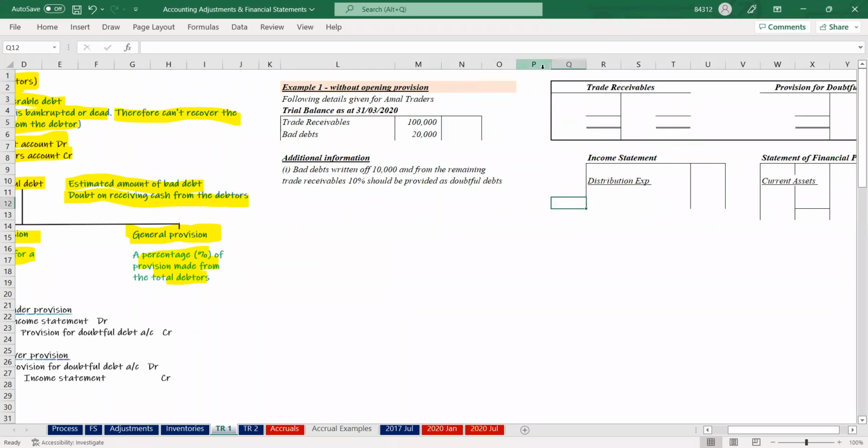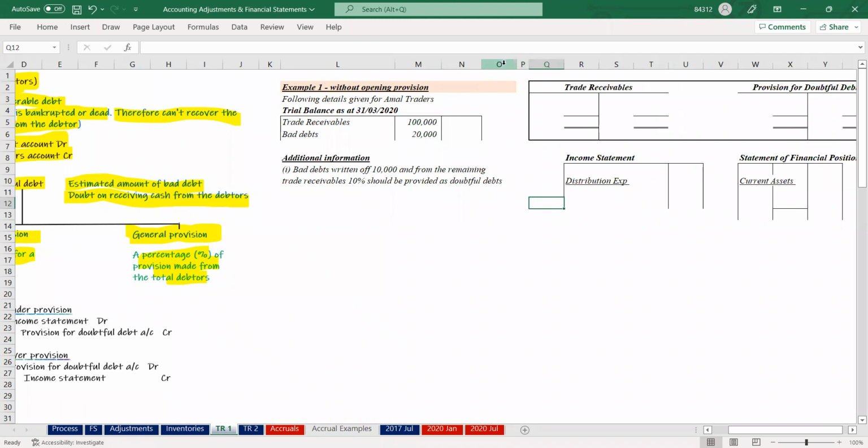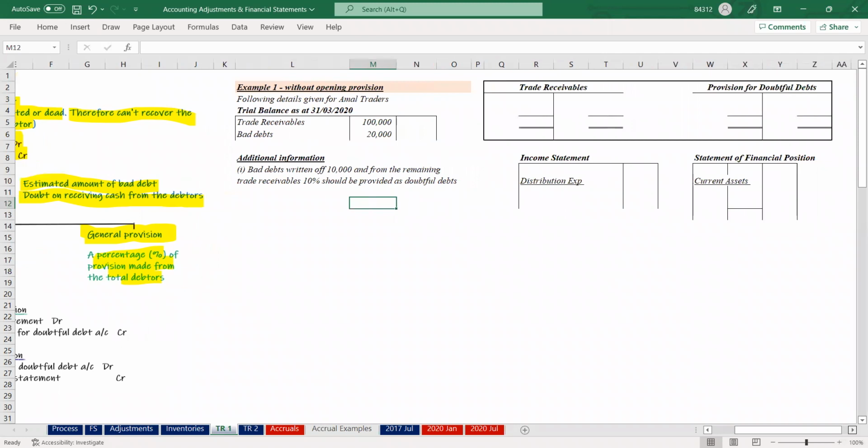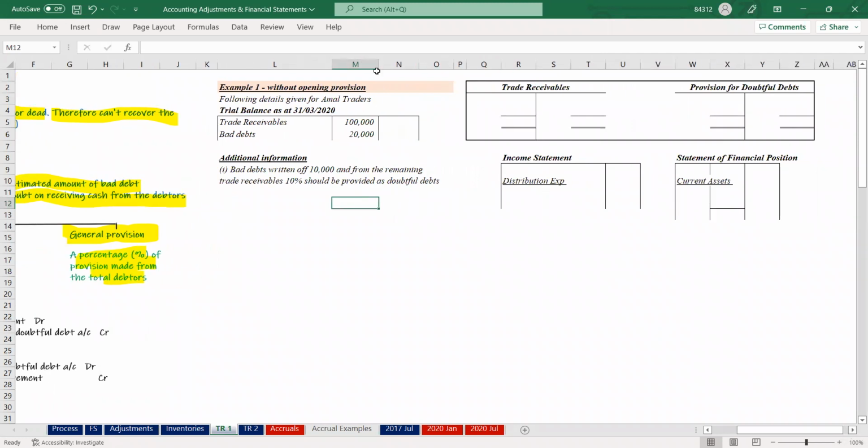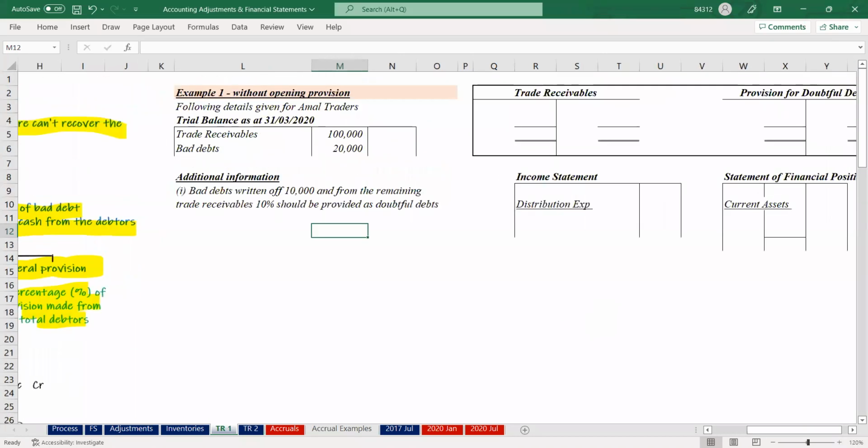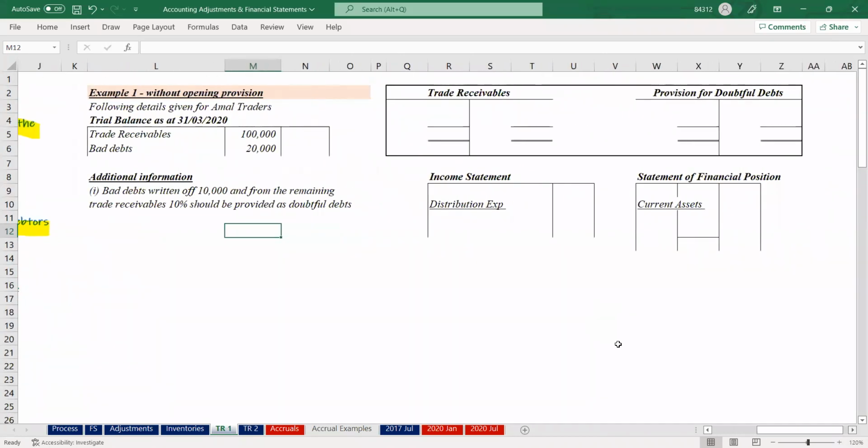You will understand when I do the example. So this is the question.